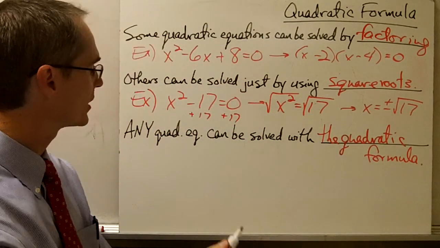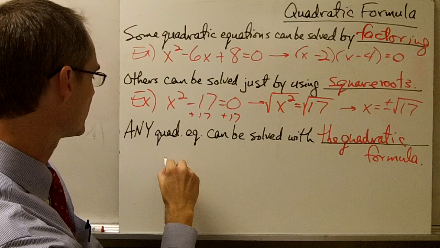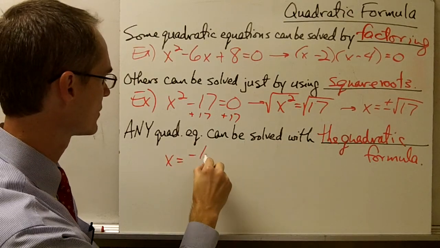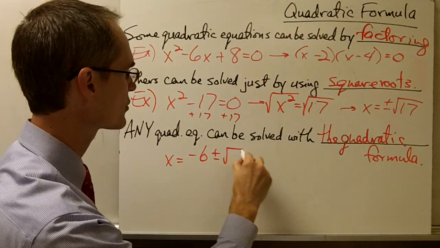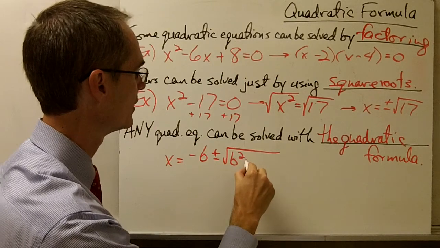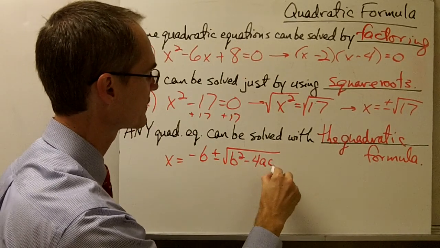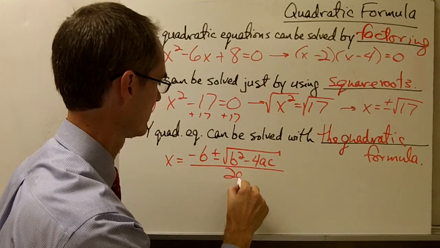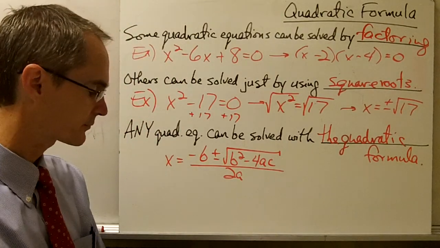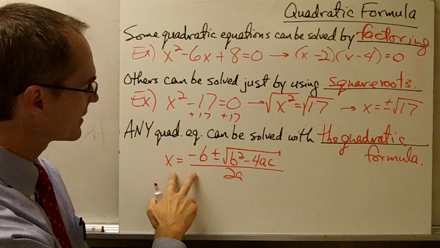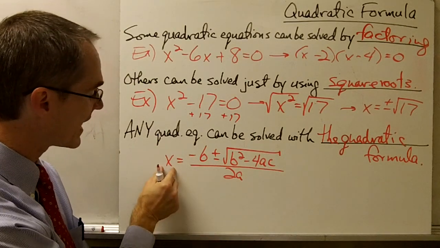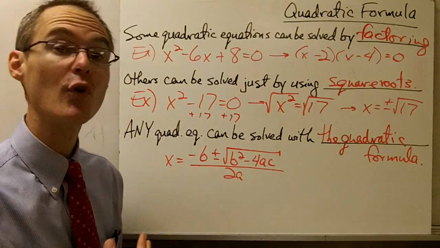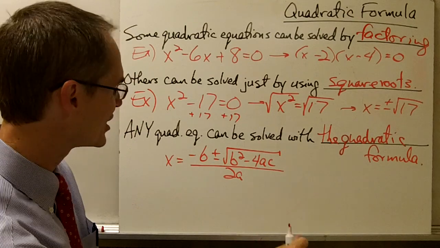And the quadratic formula you have there in your notes, it looks like this. x equals negative b plus or minus the square root of b squared minus 4ac divided by 2a.